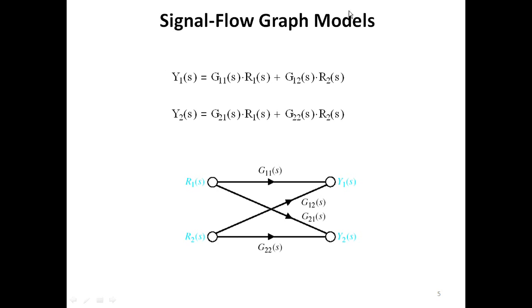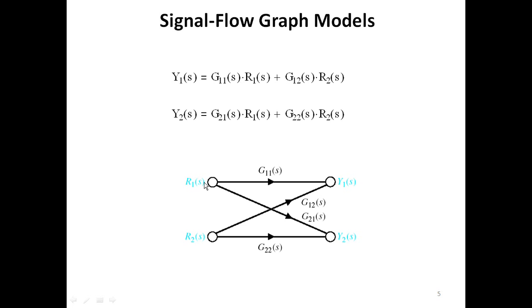Signal flow graph models. Now we will look at these two simple expressions, and we have to draw the signal flow graph for these equations. The variables are y1, y2, r1, r2. So first of all we put four nodes: this is r1, r2, this is y1, y2. y1 of s is equal to g11 of s into r1 of s plus g12 of s into r2 of s.